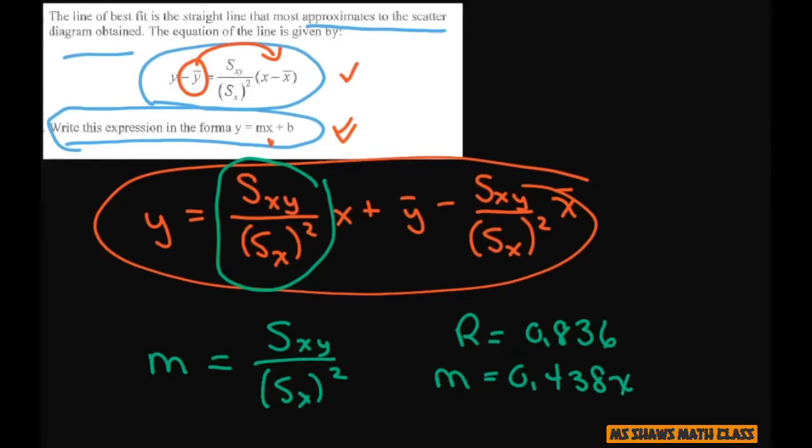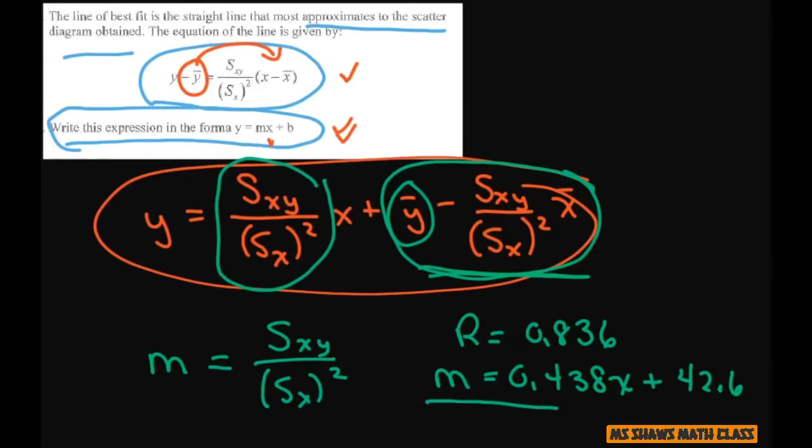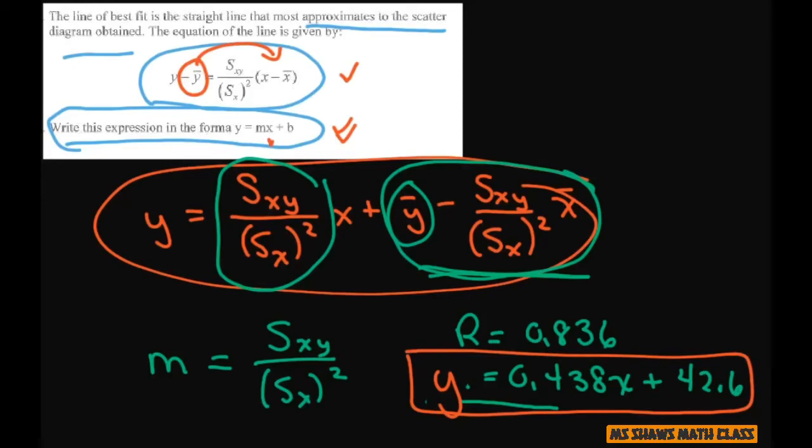Then we have x plus b. And b is this amount. So you plug those values in and you'll get 42.6. So you use this formula to multiply everything throughout. You take your mean of y minus all the information that you already have, and you will get your line of best fit. This is a y. So y equals this. And that's how you do it by hand.